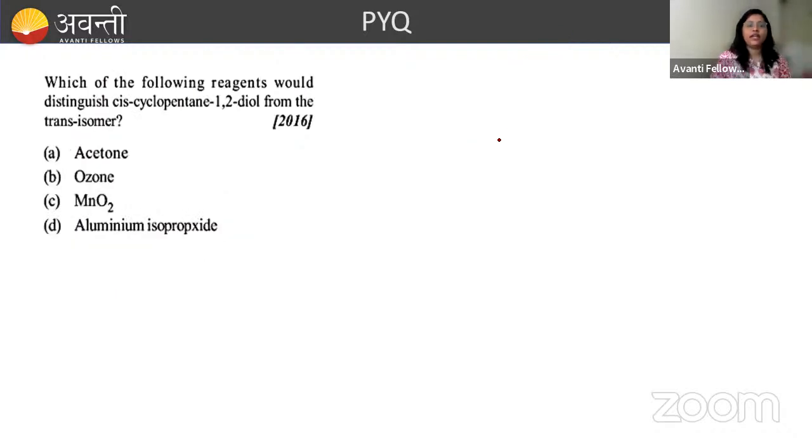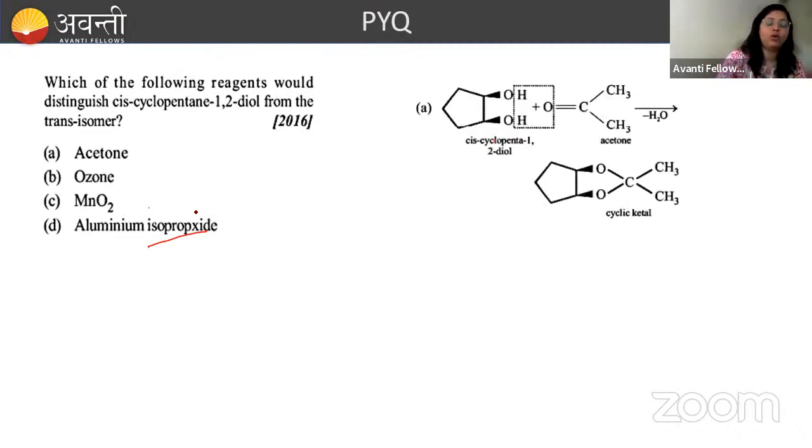Which of the following reagent would distinguish cis-cyclopentane 1,2-diol from the trans isomer? So this is again a very good question. We need to find out the reagent among acetone, ozone, MnO2 and aluminum isopropoxide which can distinguish cis-cyclopentane-1,2-diol from its trans isomer. Which reagent will help us distinguish between cis and trans?